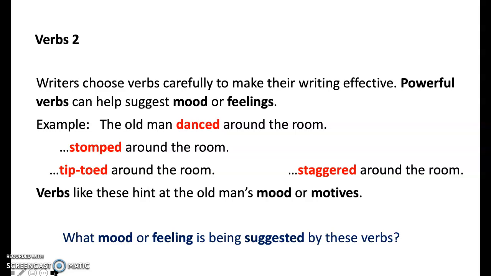So I would think if someone tiptoed around the room, they're scared, for example, or maybe they're trying to not be noticed. If someone staggered around the room, I might feel that they are perhaps drunk or maybe ill, they're going to pass out. So you can see the differences in meaning just by changing the verb.